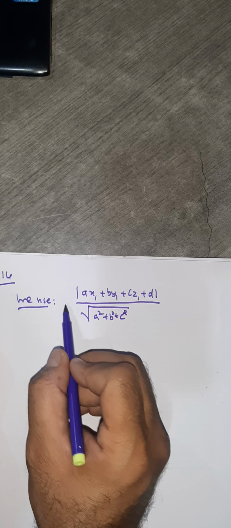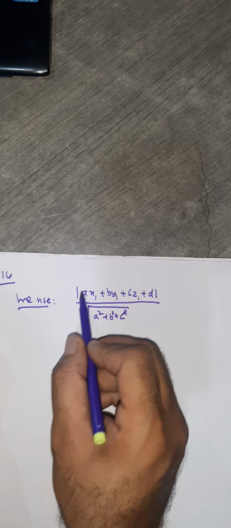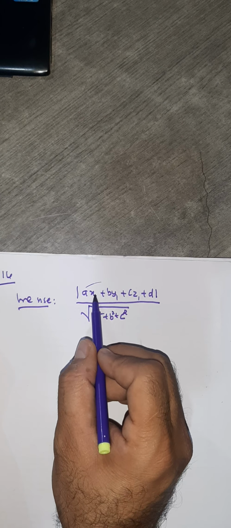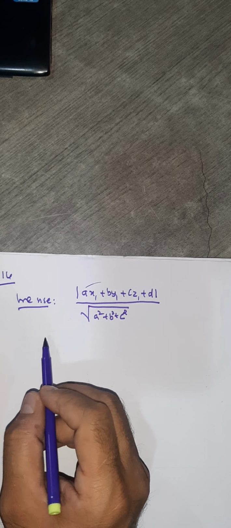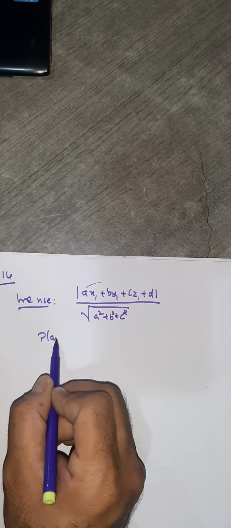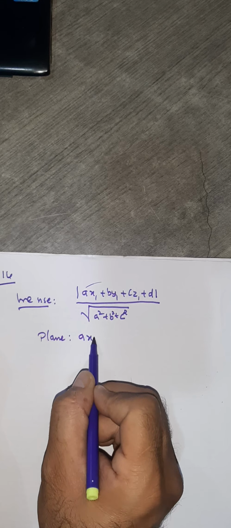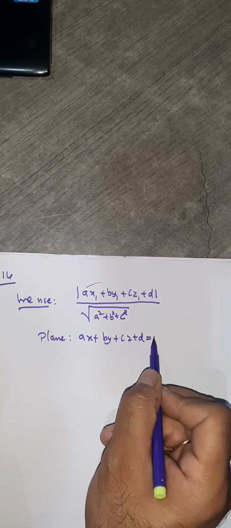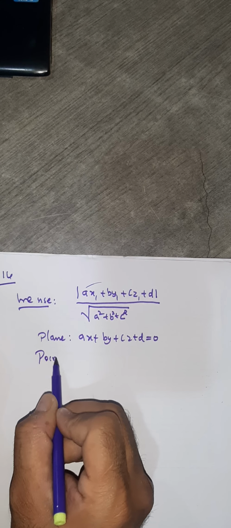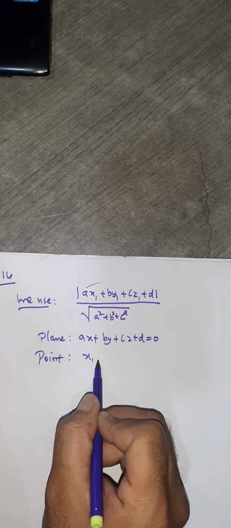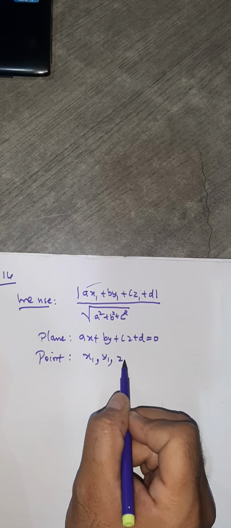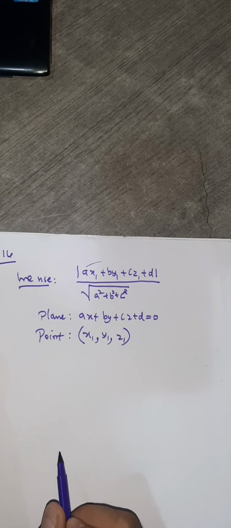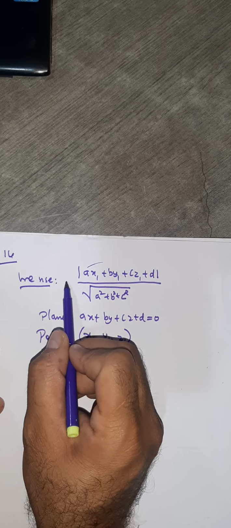This is the perpendicular distance of the point x1, y1, z1 from the given plane. Here the plane is ax plus by plus cz plus d equals 0, and the point is x1, y1, z1. Right? This is just the theory portion I already discussed earlier.